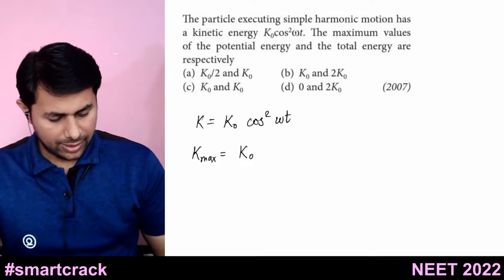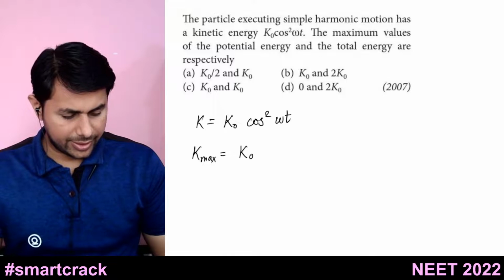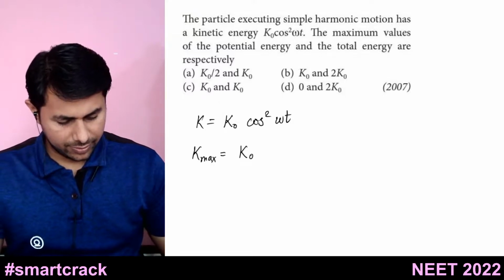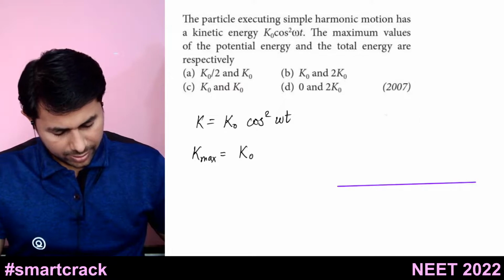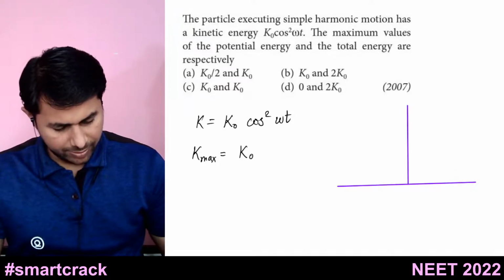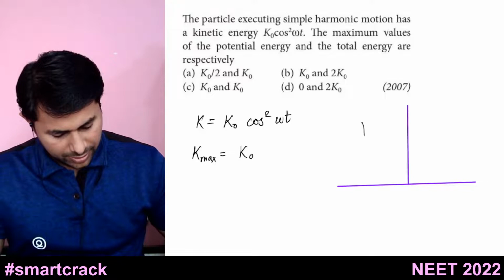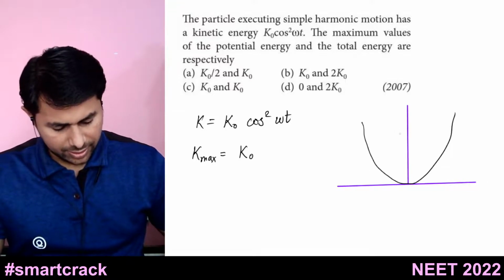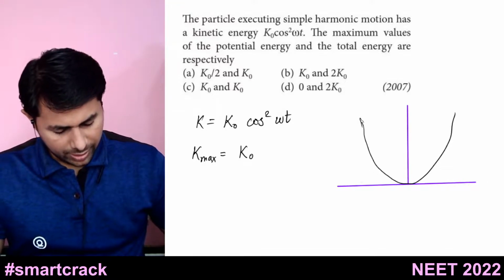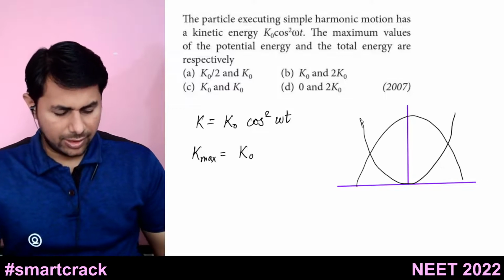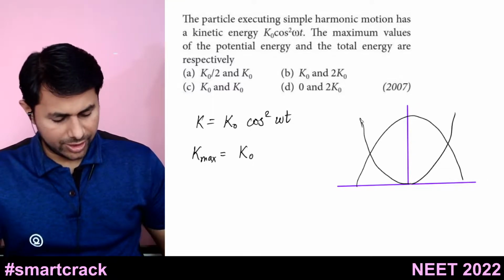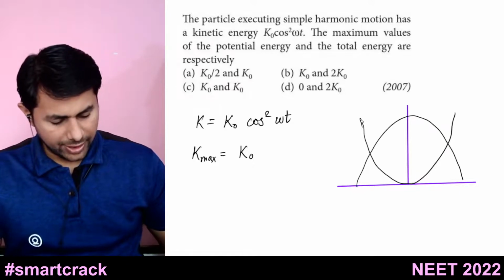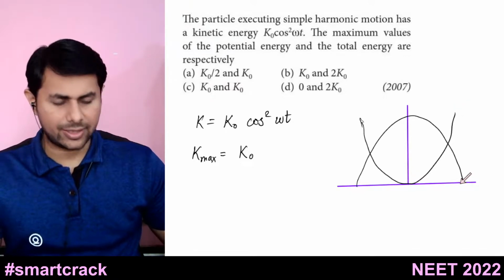Okay, and then if we recall the curve, the relation between potential energy, this is the potential energy curve, then we have the kinetic energy curve. So kinetic energy is maximum when potential energy is 0. Potential energy is maximum when kinetic energy is 0.